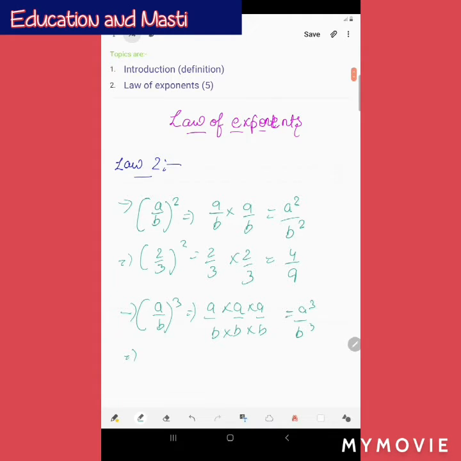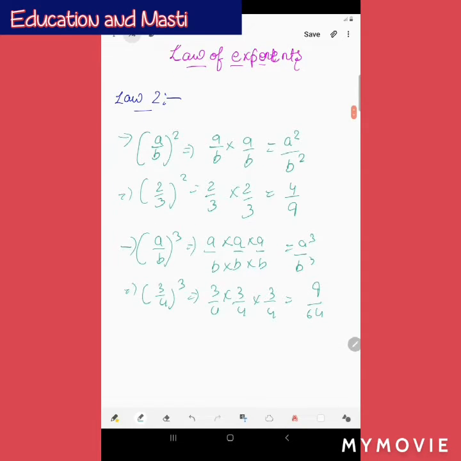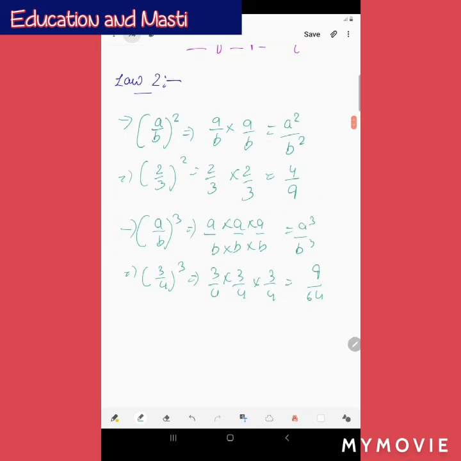So for example, let's take (3 by 4) cube. I will multiply 3 by 4 into 3 by 4 into 3 by 4. Therefore I will get the answer 27 by 64. So this is our second example or second formula.